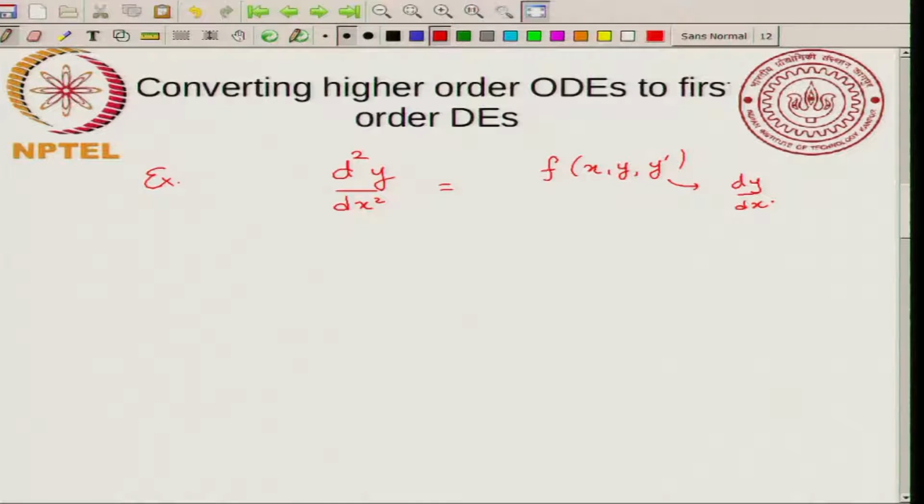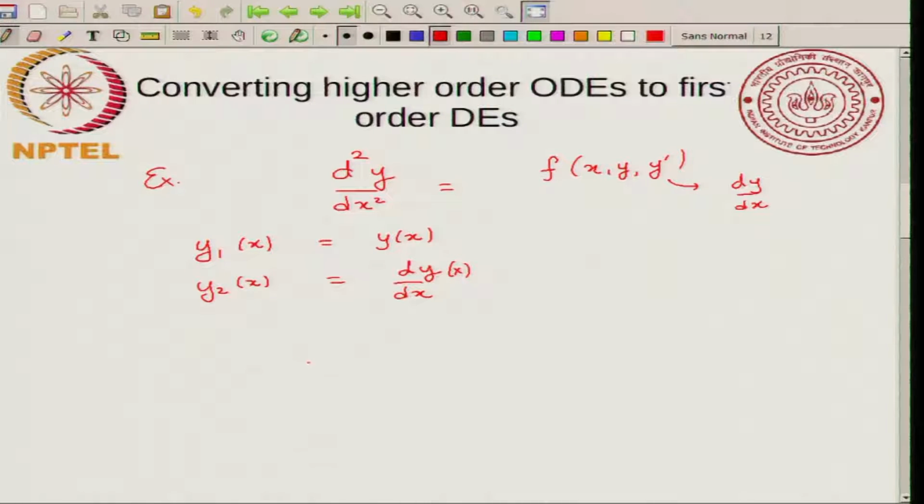Okay. So, suppose you have a second order differential equation. Now, you can say let y1 of x equal y of x, and let y2 of x equal dy by dx. It is a function of x. Suppose you use this substitution.